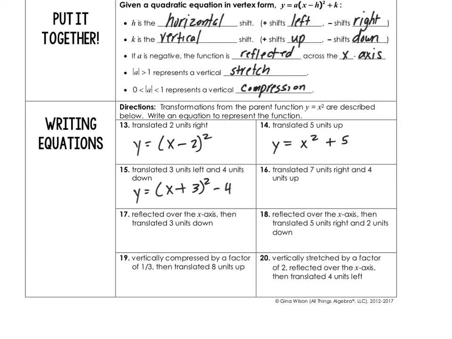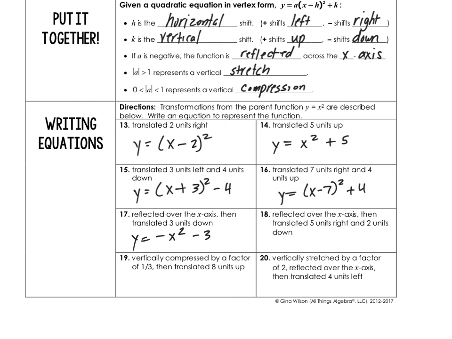Number 16, translated 7 units right and 4 units up. That's y equals x minus 7 squared plus 4. Number 17, reflected over the x-axis, then translated 3 units down. Y equals negative x squared minus 3.